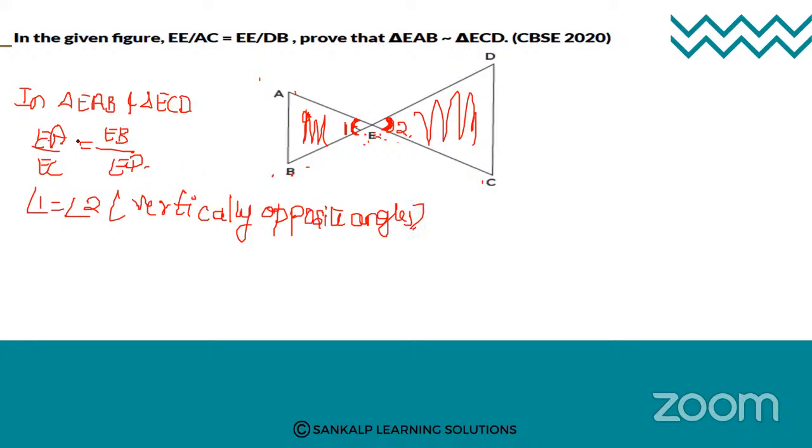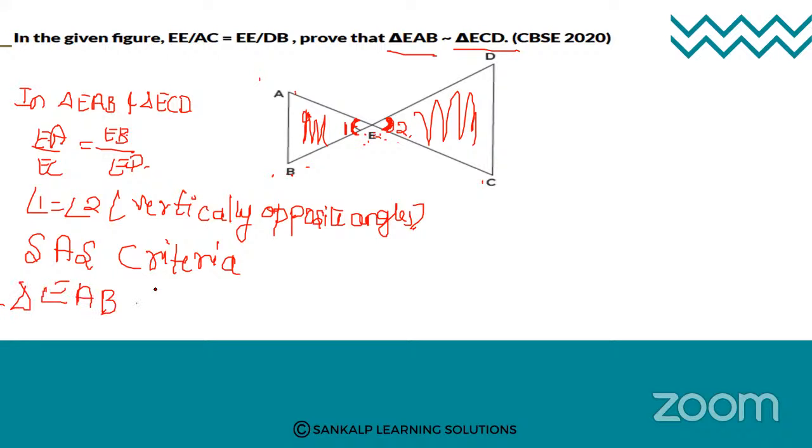Now here two sides are proportional, that is EA and EC, EB and ED, and one angle is equal. By using SAS criteria, we can say that triangle EAB is similar to triangle ECD. So this can be asked for 1 mark.